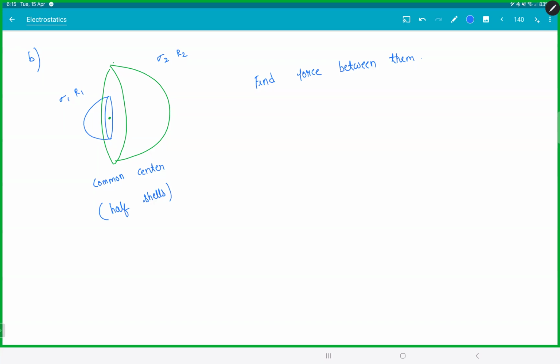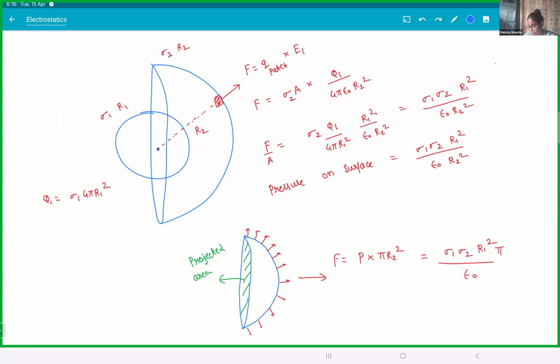Sir, in the previous question, the first part of this question, I tried to find the field at R2 due to the spherical shell. Yes, sir. Then I found the force on the hemispherical shell. How did you find the whole force together?